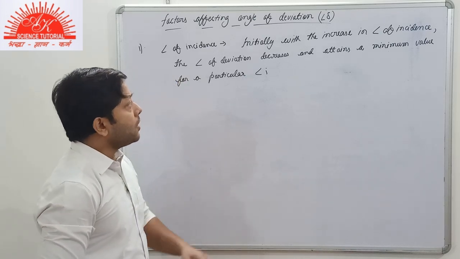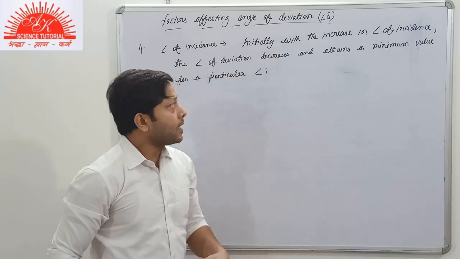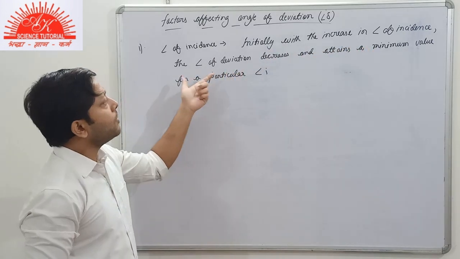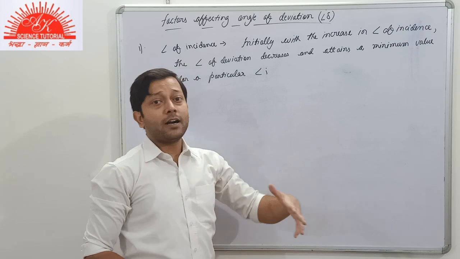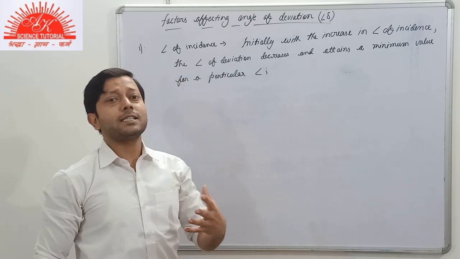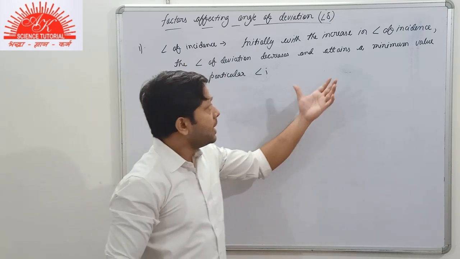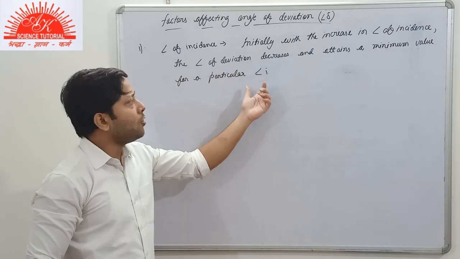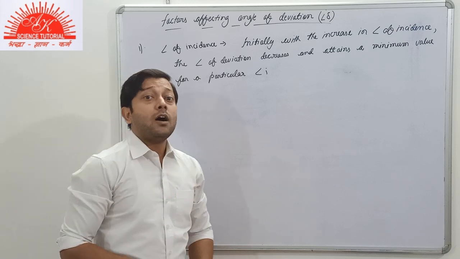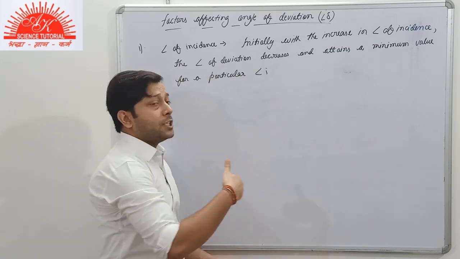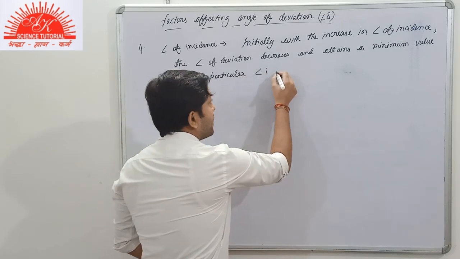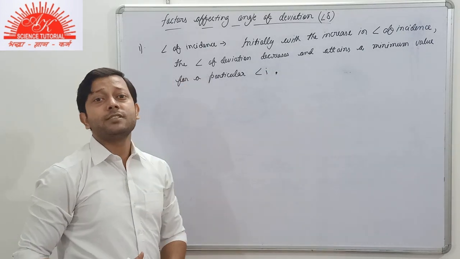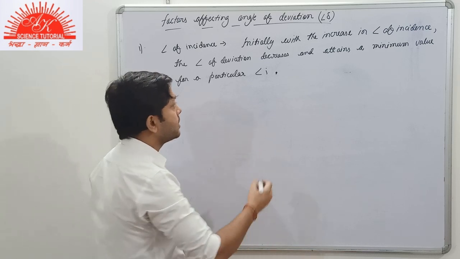Now, as you can see here, at first, when the angle of incidence is increased, the angle of deviation decreases and attains a minimum value, which is known as the angle of minimum deviation. It attains a minimum value for a given value of angle of incidence. Now, if we increase the angle of incidence further, the angle of deviation will also increase.